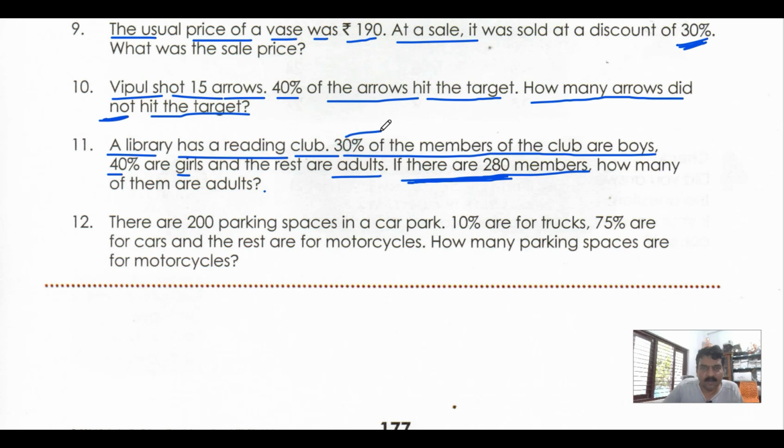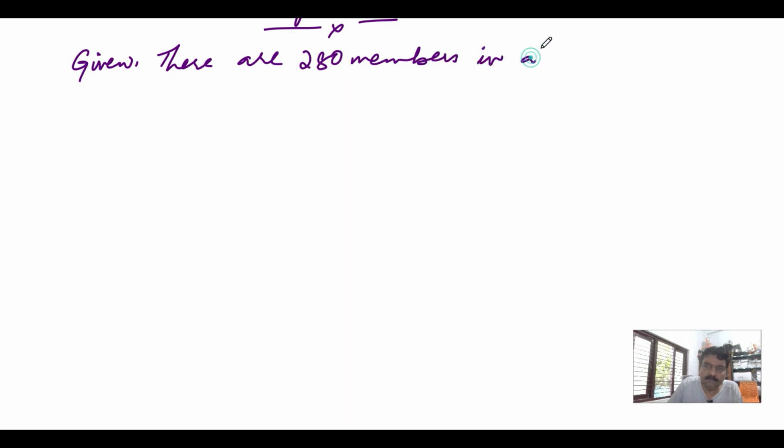30% are boys and 40% are girls, remaining are adults, right? So we'll do it. There are 280 members given in a club.